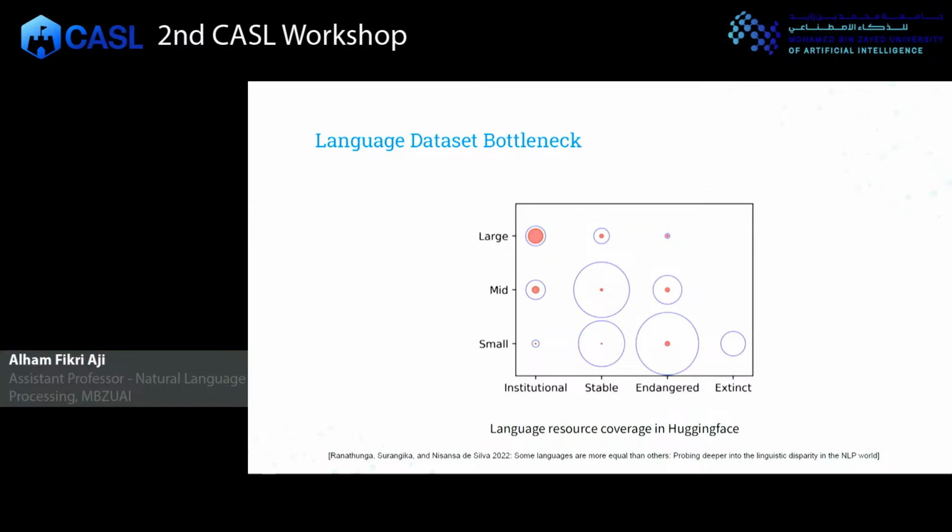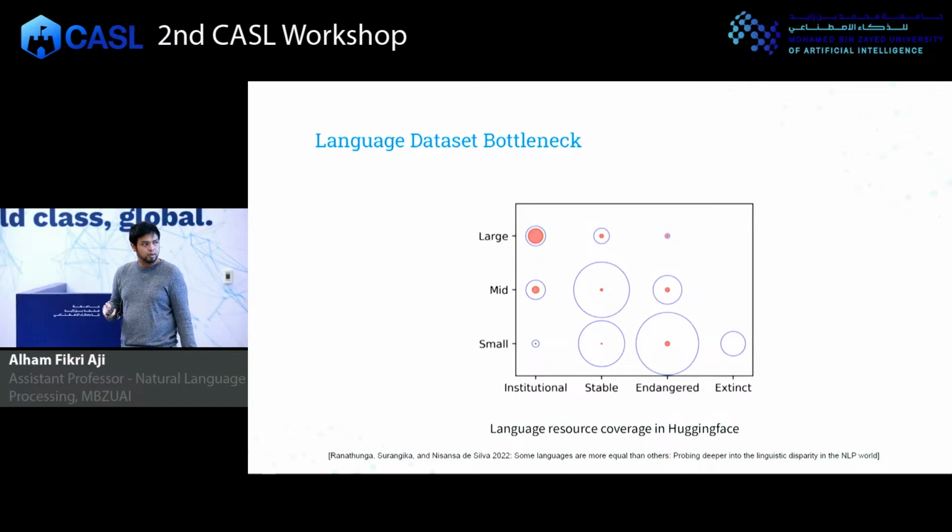This is a similar plot as previously. Basically, you can split languages across 10 categories. If you exclude the extinct ones, which are extinct for a reason, you can plot them into 9 different categories, depending on how many speakers there are and the status of the language, right?